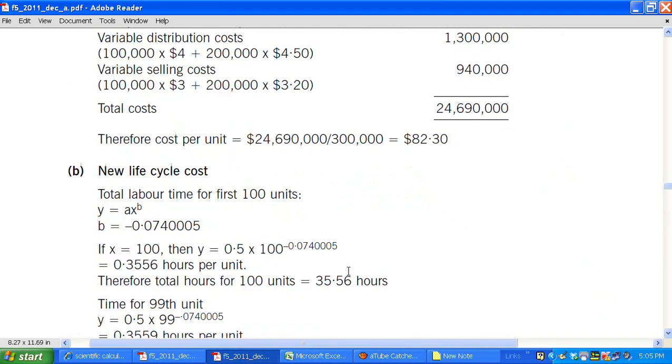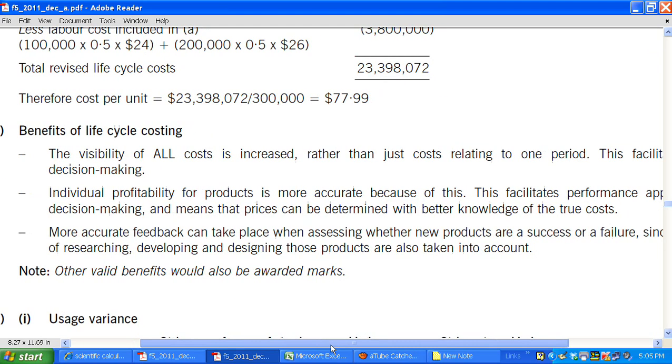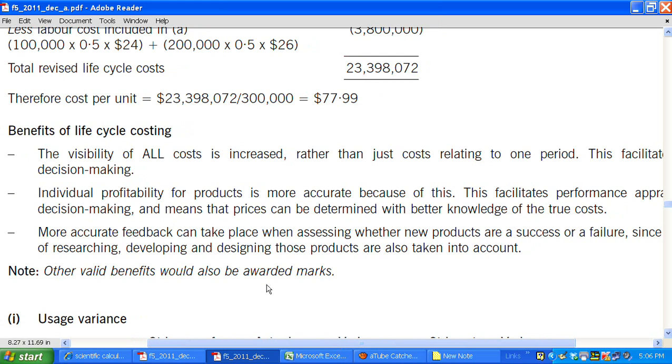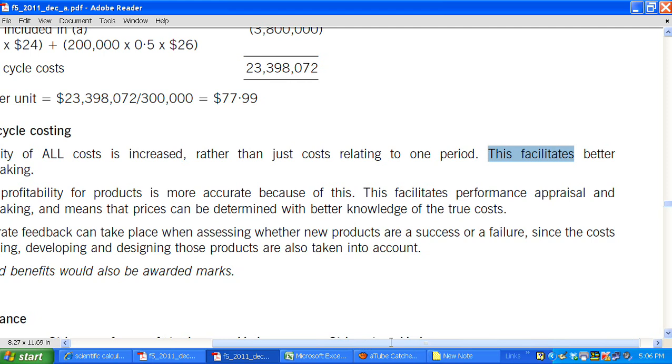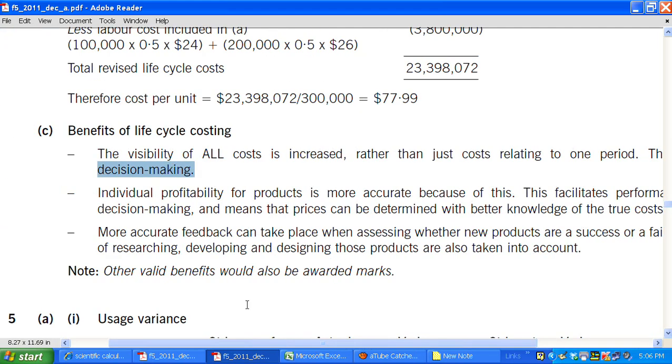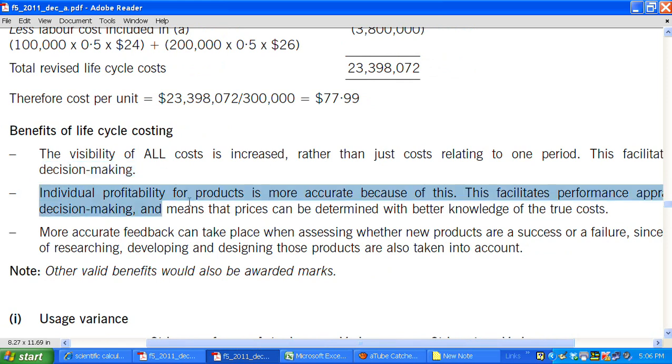Here quickly we shall look at the answer itself and just quickly state them. 1, it allows visibility of all costs, so from research and development, marketing, distribution, all costs related to the product throughout its life cycle, and this helps to make better decisions. And because of this, individual profitability is more accurate.